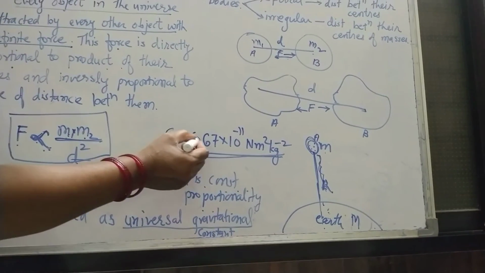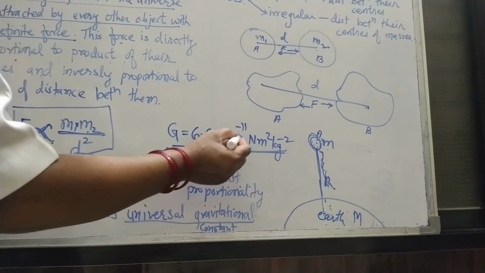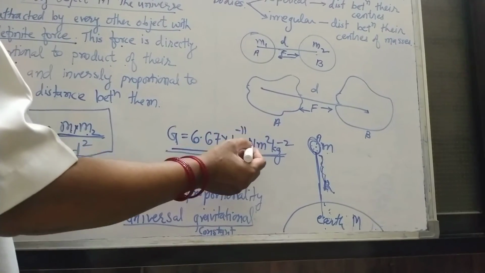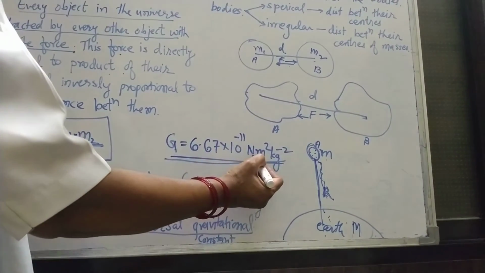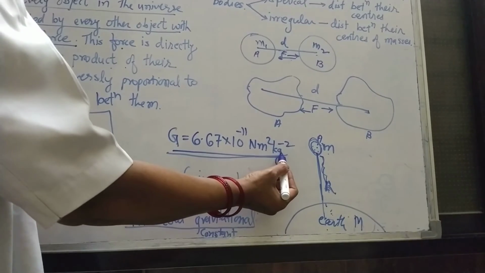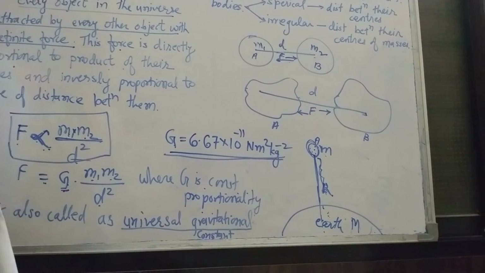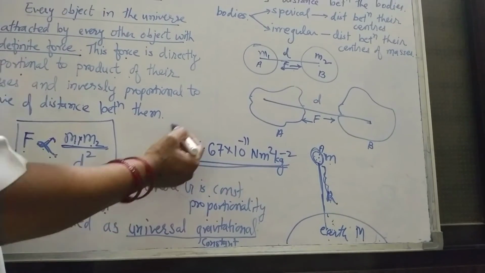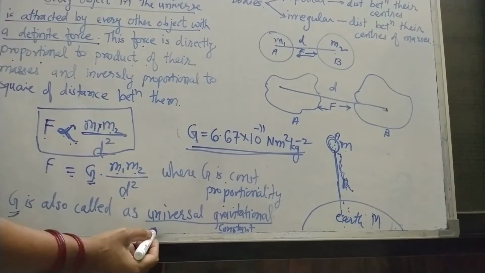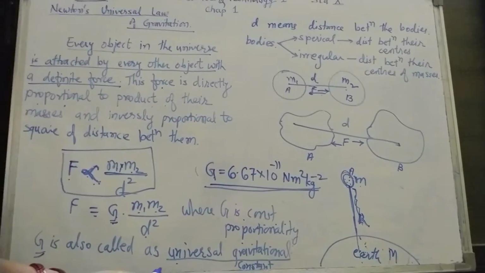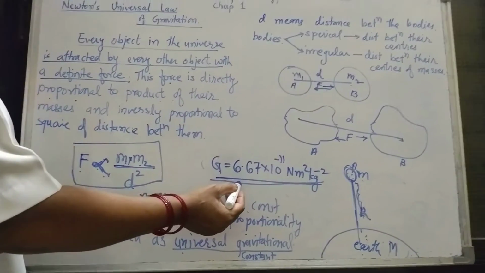The value of G is 6.67 into 10 raised to power minus 11. The unit is Newton meter square kg raised to minus 2. This is the value of G, which is called the universal gravitational constant. You have to remember it.